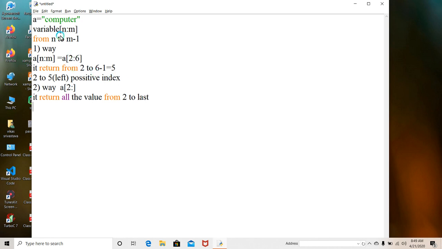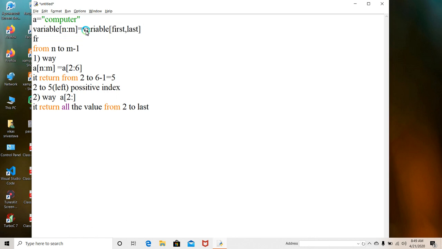If it is not clear, I may write it like variable first colon last, and that means it returns from the first to the last minus 1 index. So here if we write 2, the first value we have passed and the last value we have left. So where will it take the last value? Up to the length. It is the compiler's duty to take the length and return it.